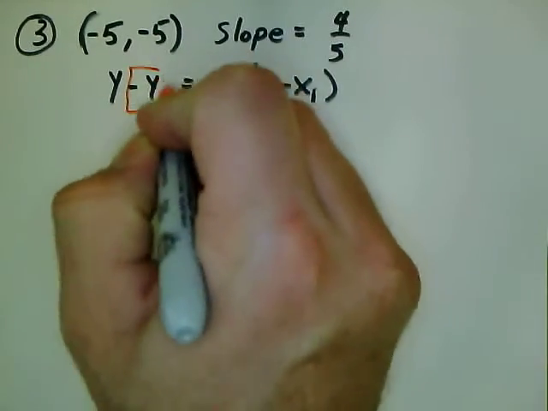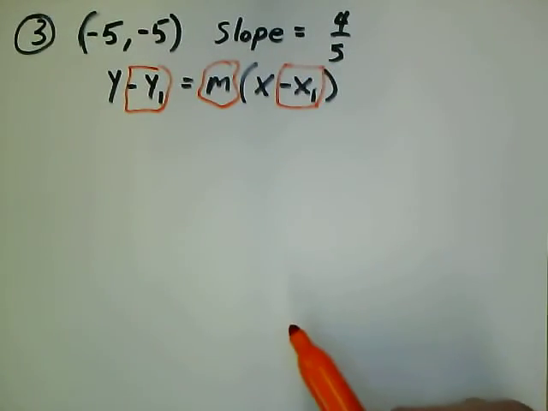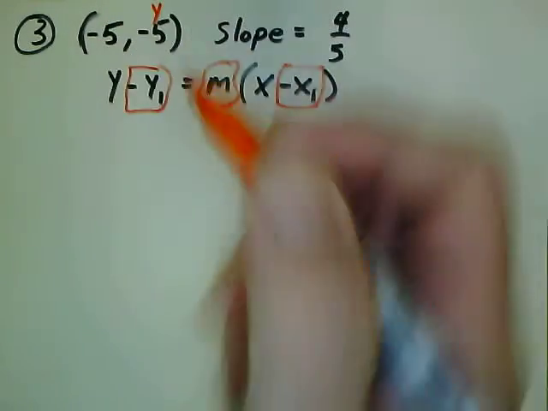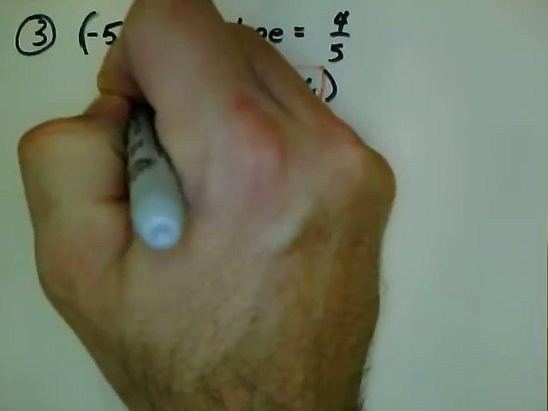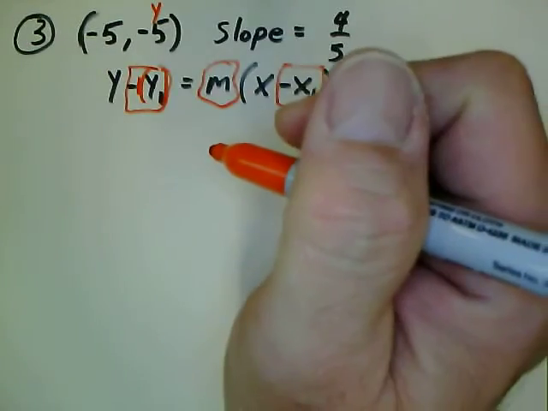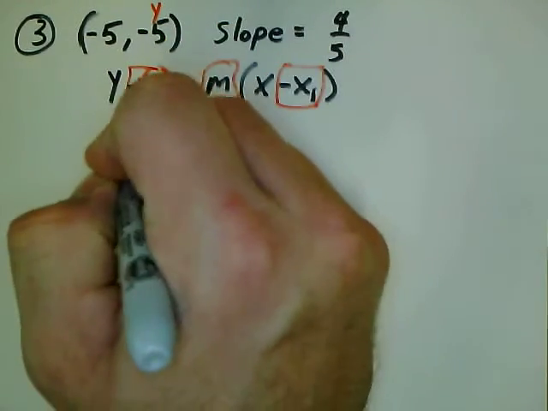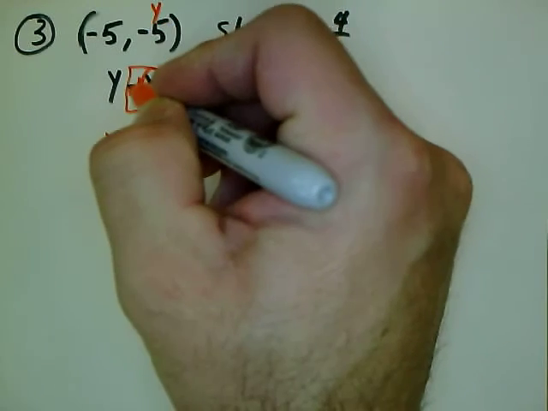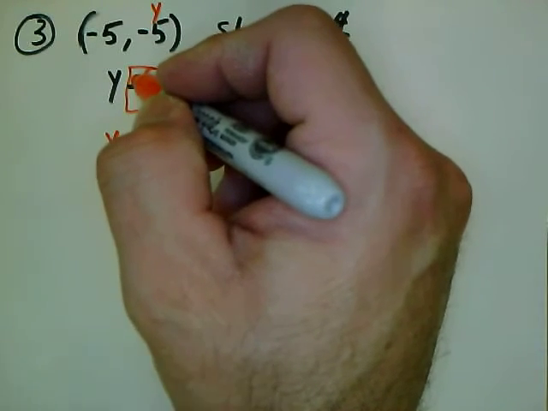So once again, I'm finding this part, this, and this. I need to substitute those. Well, I'm given the y. Now, it's the opposite of y. That's kind of like -1 times y. Well, -1 times 5 is +5. I just change it. Anytime you multiply by -1, it becomes its opposite.